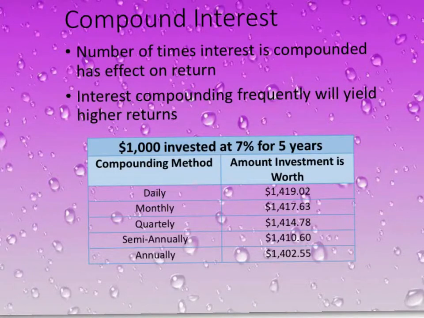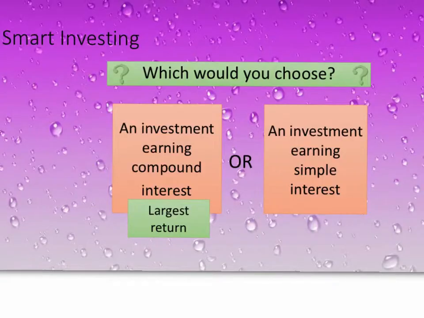So here's some further proof of why you should invest money and then keep reinvesting it. The number of times an investment is compounded has an effect on your return. Interest compounded frequently will yield higher returns. So if you did it daily, look how great it is daily versus how it would be annually. And just to give you another example why it's good to invest and then reinvest. And maybe you want to go ahead and just write down which is better. Which would you choose?